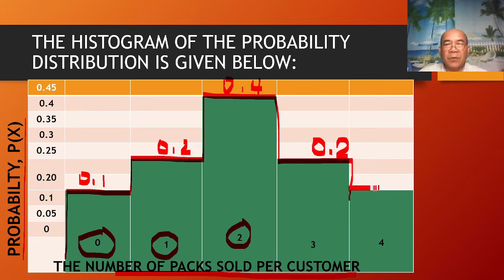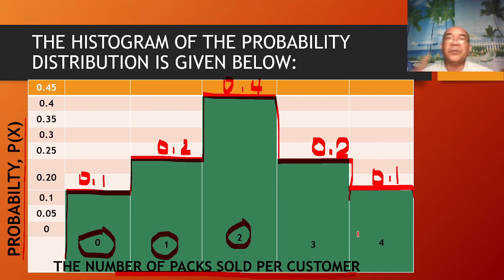And for number 4, it is equivalent to 0.1. So it's very easy, students, to create a histogram. You simply make a graph with the probability, P of X, on the left side, and on the horizontal axis, the number of packs sold per customer.